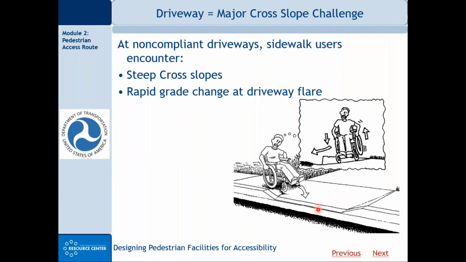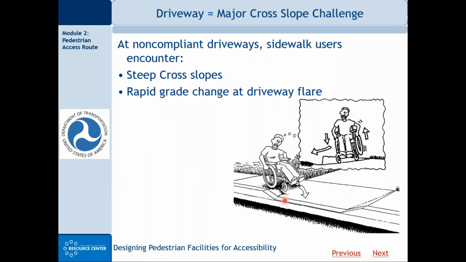But the other complication that happens at driveways are the grade breaks, or these flares where the sidewalk crosses the driveway. And I realize this is a cartoon depiction, but it is technically accurate. If you look closely here where my cursor is, the small front wheel of the wheelchair is off the ground. And that is not a good situation. Anytime one or more wheels of a manual wheelchair leaves the ground, the stability of the wheelchair is jeopardized.